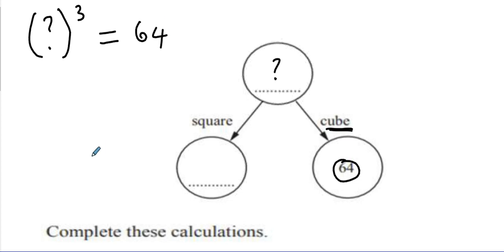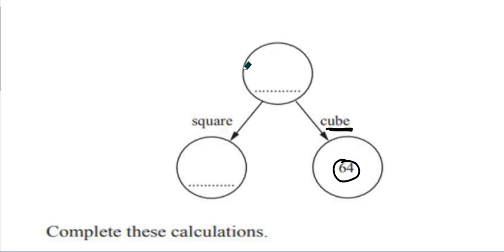See that? All right. So now what we do, like as I said before, you treat the unknown by using a letter. So let us say this unknown is, say, y. Okay, so y cube means y to the power of 3.